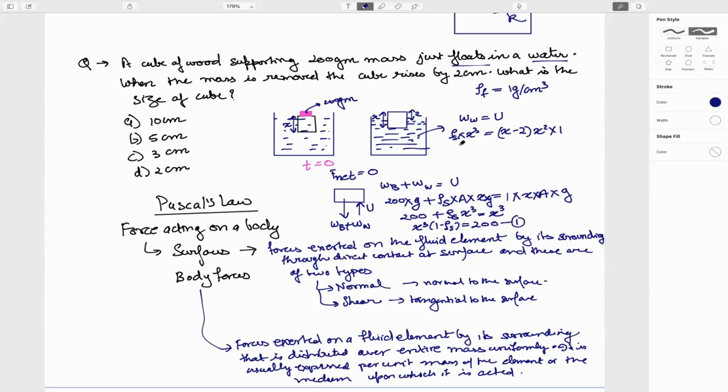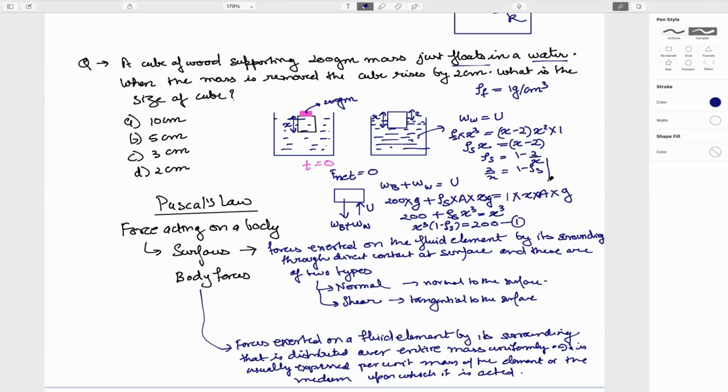So what we get is rho S x is equal to x minus 2. So rho S is nothing but 1 minus 2 by x. So 2 by x is nothing but 1 minus rho S, and 1 minus rho S we know is 200 by x cubed.